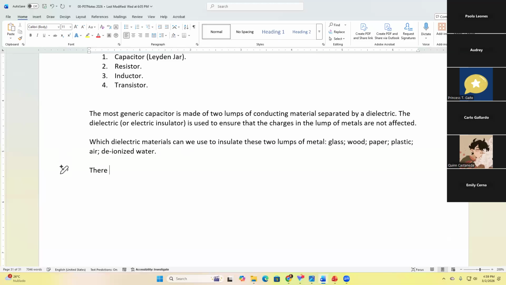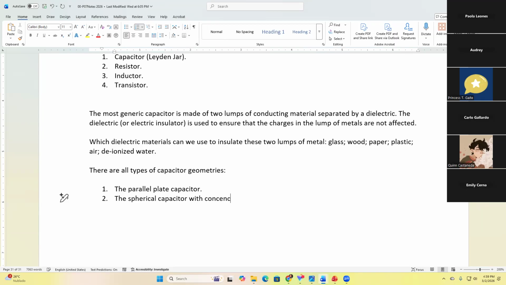There are all types of capacitor geometries. One, the parallel plate capacitor. Two, the spherical capacitor with concentric shells.